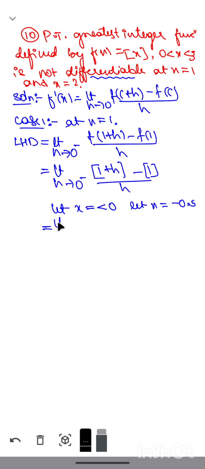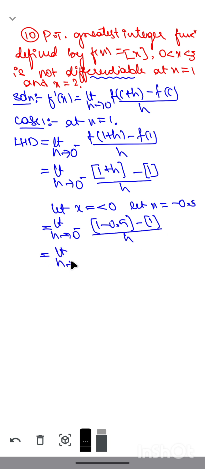I will better substitute here so that you will understand. 1 minus 0.5 minus the greatest integer value of 1, as it is, whole divided by h, which is equal to limit h tends to 0 minus of the greatest integer value of 1 minus 0.5, which is nothing but 0.5, clear, minus the greatest integer value of 1, which is 1, whole divided by h.